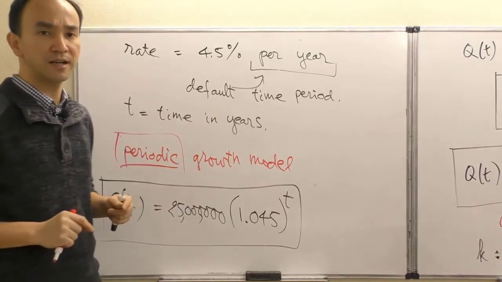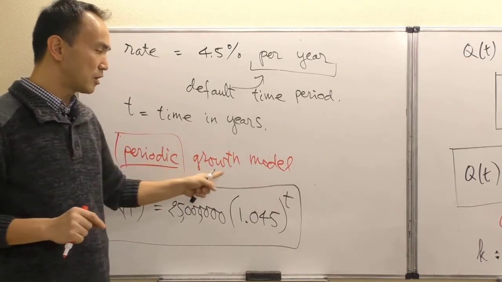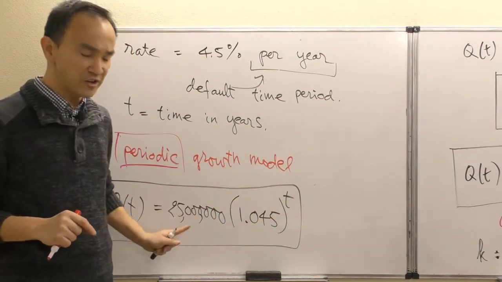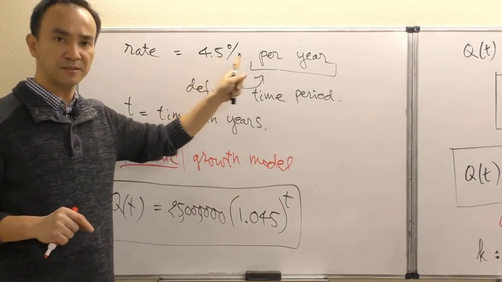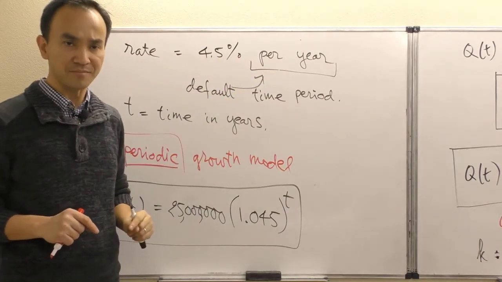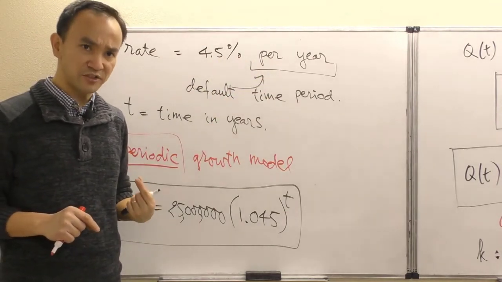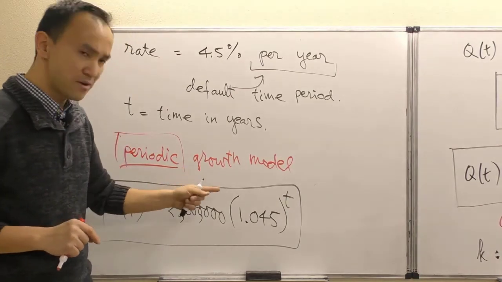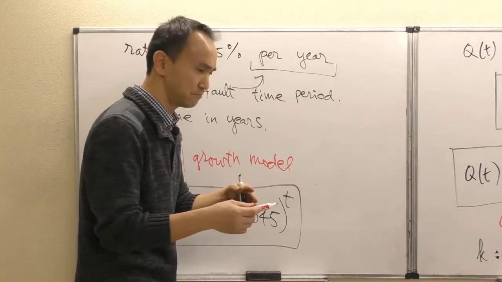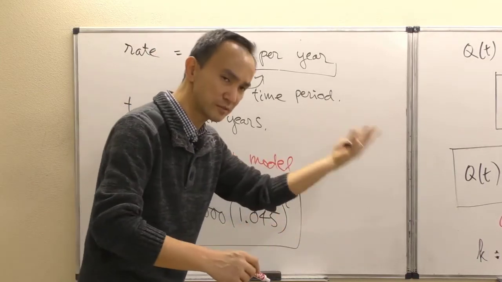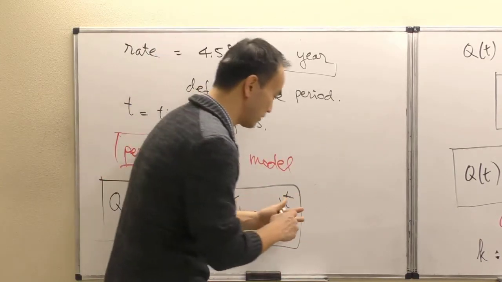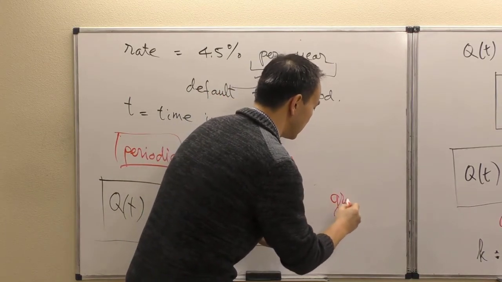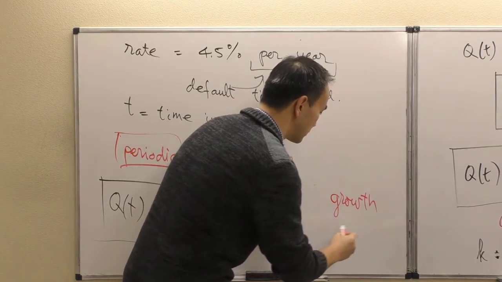So the periodic growth model over here is simply the way we write our function using the observed periodic rate. I actually use the term observed periodic rate, periodic growth rate. But as a matter of fact, most professors and most textbooks just simply stick with the term growth rate.